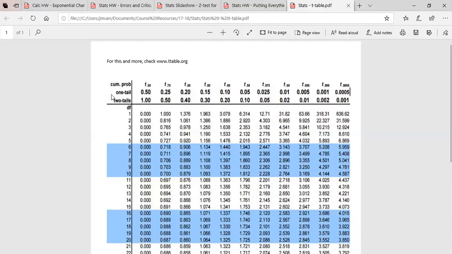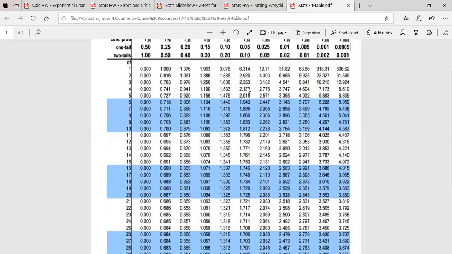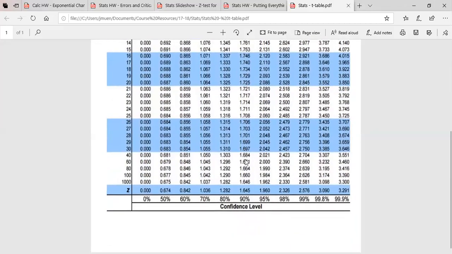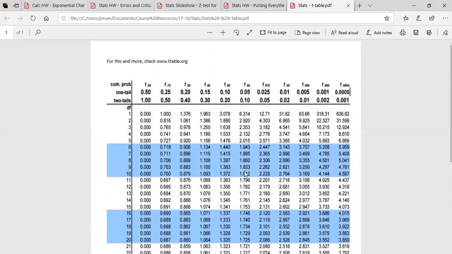At the top of this table, you see one tail, two tails. If I go across to one tail, 0.05, and then go down to the bottom of the table where there's this z, this tells me the z-score for that level of significance in a one-tailed test: 1.645, as claimed.